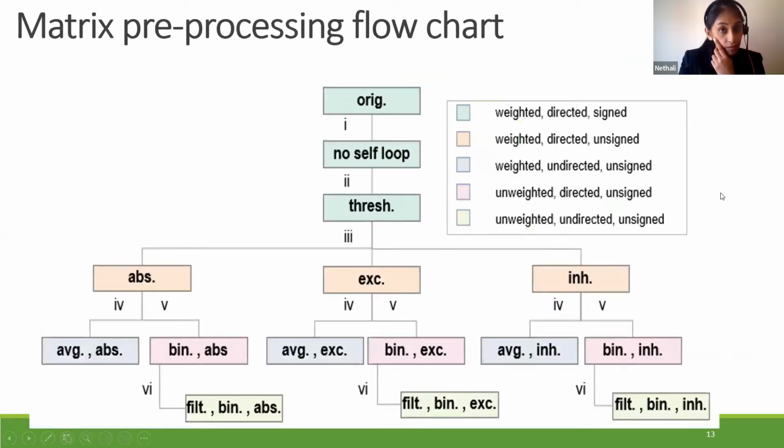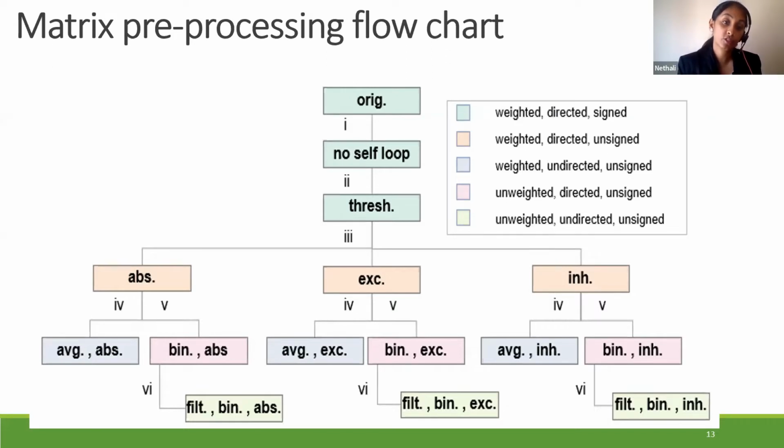So for the metrics pre-processing, what we do is first we take our original matrices, and then we remove the self loops again, because for some of the metrics, the self loops will keep them from working.